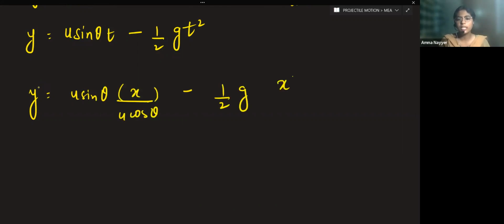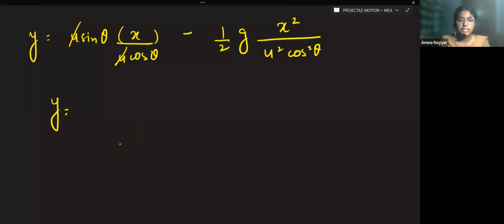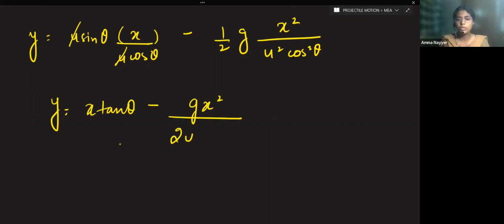So x square by u square cos square theta. From here, u sine theta divided by u cos theta, sine theta by cos theta, will give you tan theta. So finally, ultimately, we have arrived at the equation of trajectory for angular projection: y equals x tan theta minus g x square divided by 2u square cos square theta.